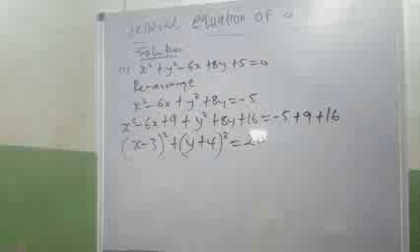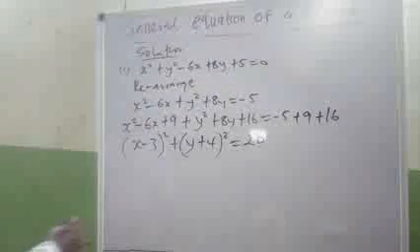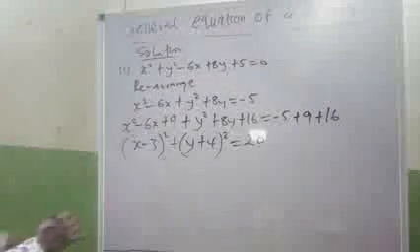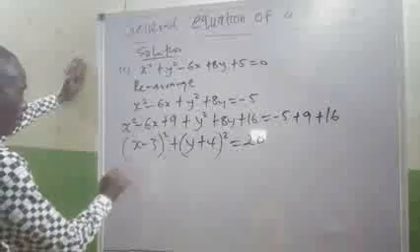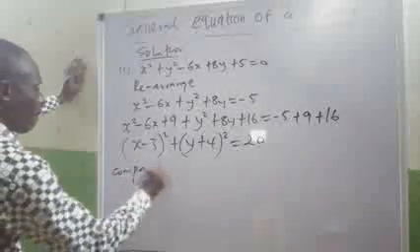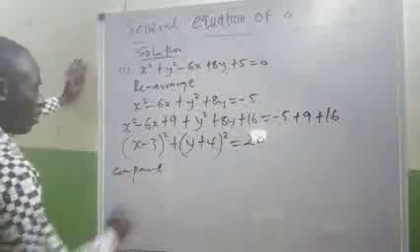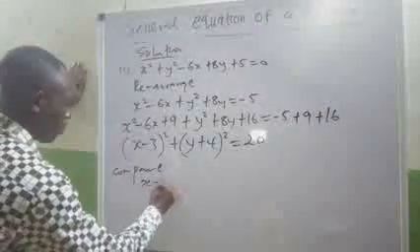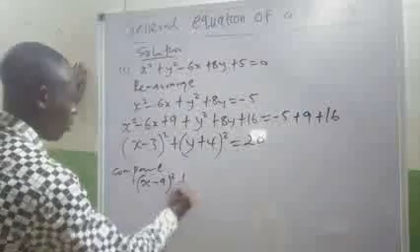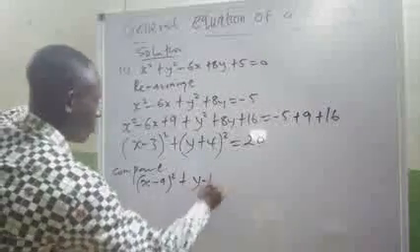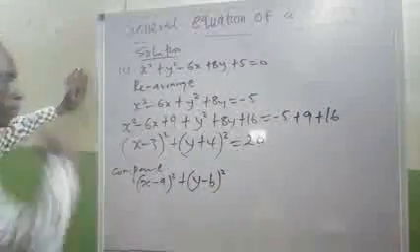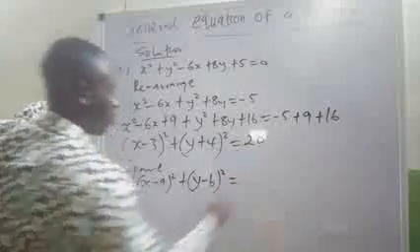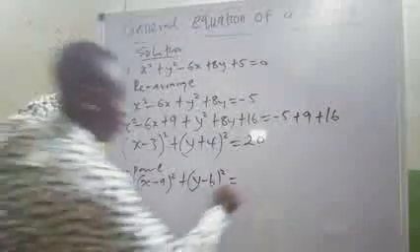So remember, if we now compare with s minus a square plus y minus b square will be equals to r square.